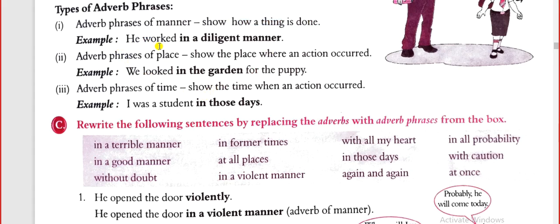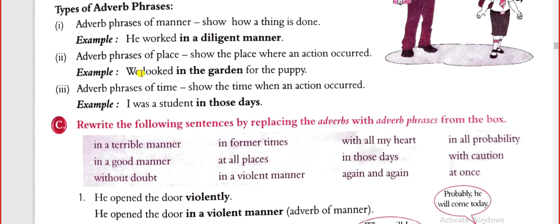Okay, ma'am. Like, she walked nicely, he worked smartly, he studies brilliantly. So smartly, nicely, brilliantly, walk, studies, है ना. ये सारे मैनर्स बता रहा है. कोई बच्चा कैसे पढ़ता है, स्मार्ट तरीके से पढ़ता है ना.